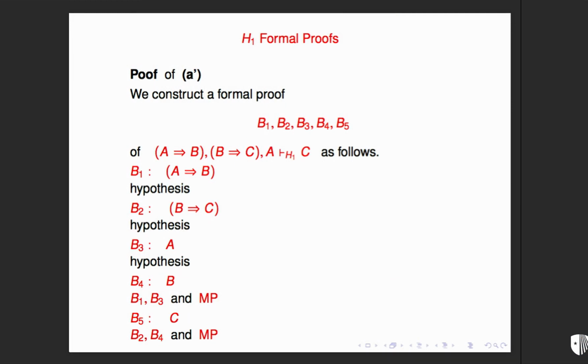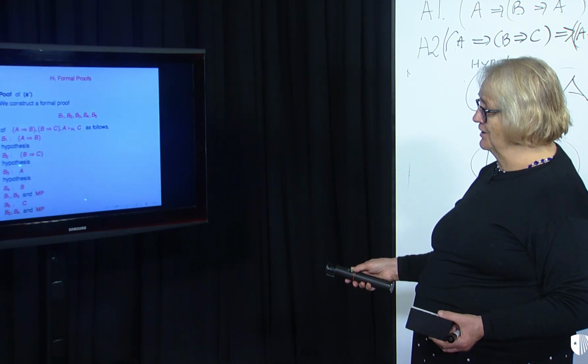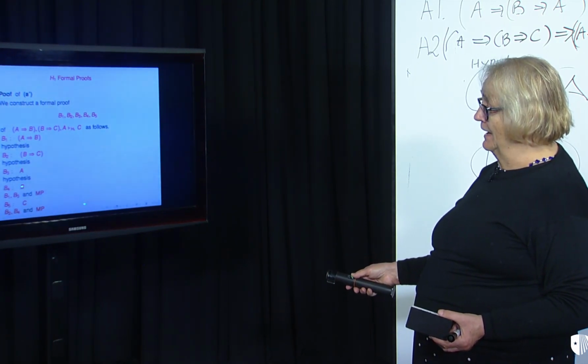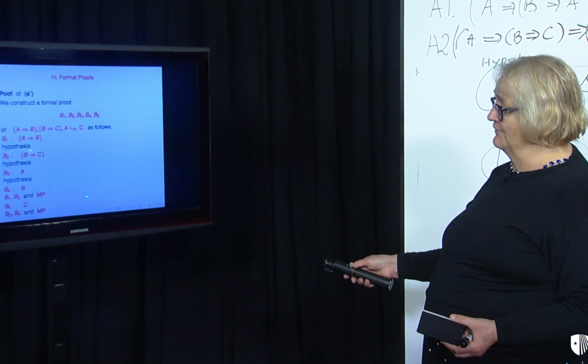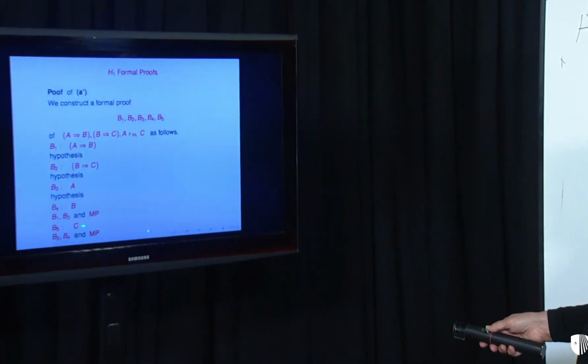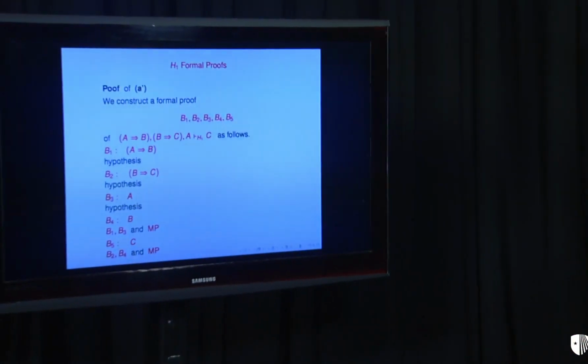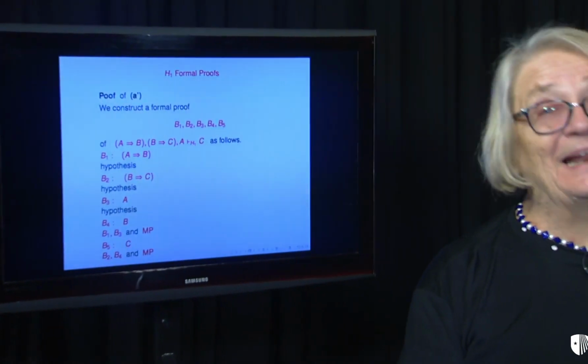I have A. And now you see this A with this B1, you can cut this A here and get B. And now I have already proved B, and I already have B implies C. I can cut this B, so I have C, end of the proof. So you can see it makes proofs very pleasant.